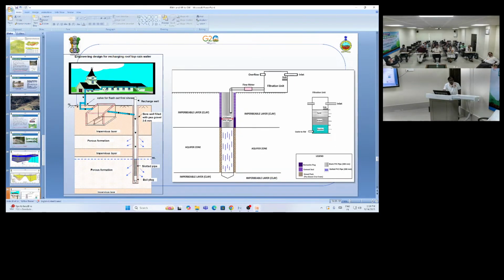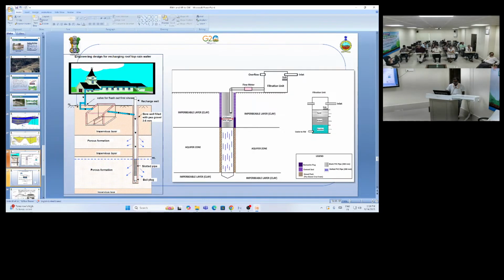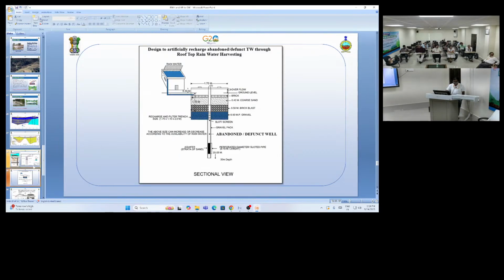So in the pictorial diagram, you can see that from the roof area, through a filtration system, we are passing water for recharging different porous formations, that is, the aquifer. A section is also given here.